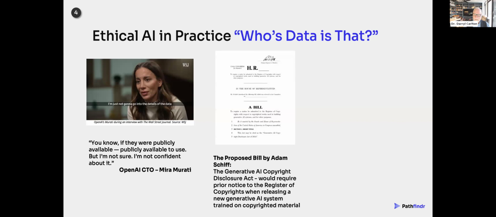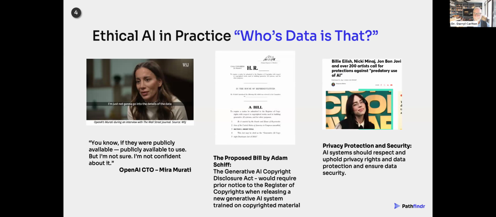Now that's becoming a problem. And the US has introduced a bill to say that they will require prior notice to the Register of Copyrights when releasing a new generative AI system trained on copyrighted material. We are all going to have to know where our data comes from, how we source that data to train the model, not just in use.